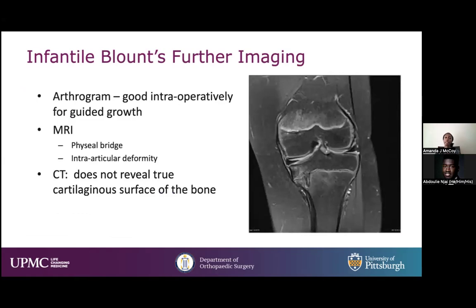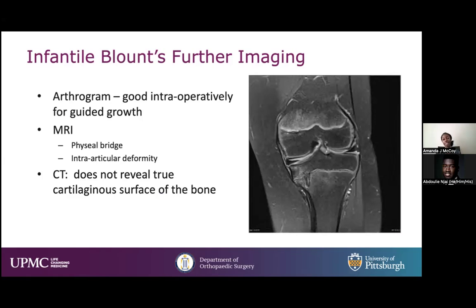In terms of further imaging, whenever you're considering doing guided growth for infantile Blount's, oftentimes an intraoperative arthrogram is very good to help you identify the joints so that you can appropriately place your tension band plates. MRI is helpful to evaluate the physeal bridge and intra-articular deformity.